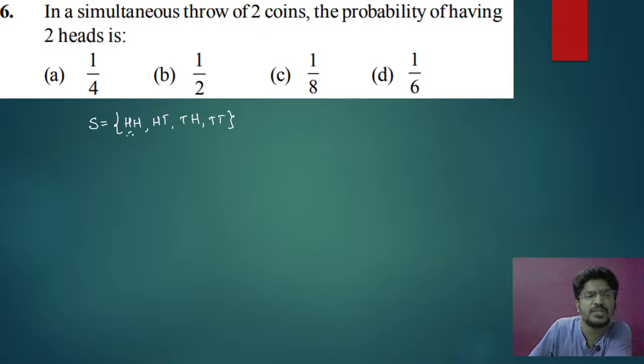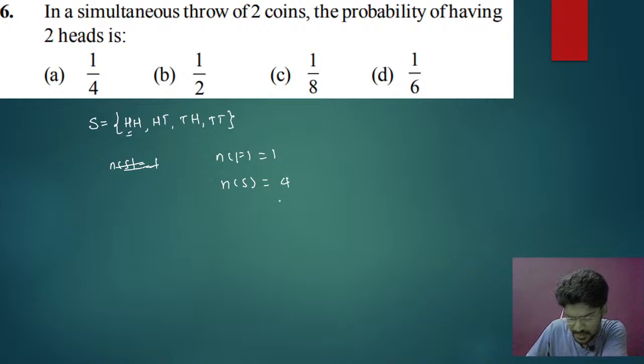The number of favorable cases is 1, and the number of sample spaces n(S) is 4. Therefore the answer is going to be 1 by 4. Clear? So that is option A.